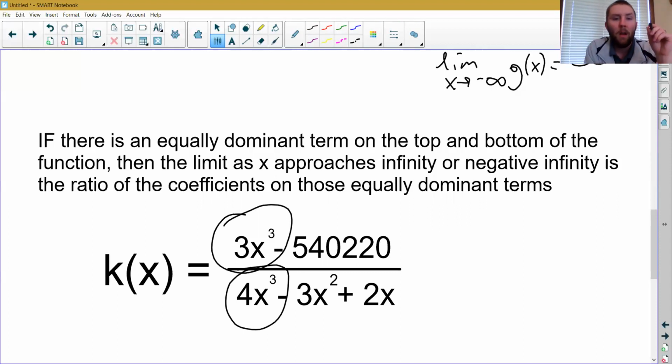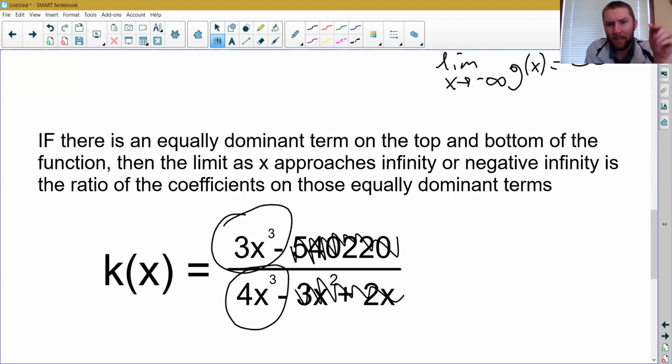So 3x to the third over 4x to the third, those are my dominant terms. I can still ignore everything besides those dominant terms. So the 540,220 doesn't matter. The 3x squared plus 2x doesn't matter, because in comparison to 3x to the third and 4x to the third, all of that stuff is extremely small, as x gets close to infinity, as x gets huge.